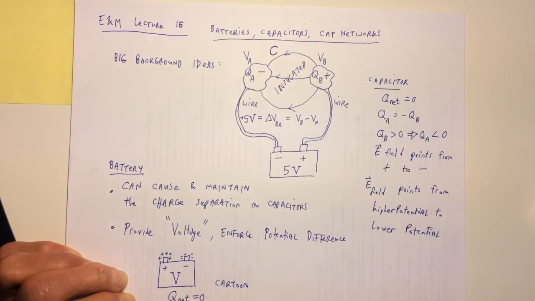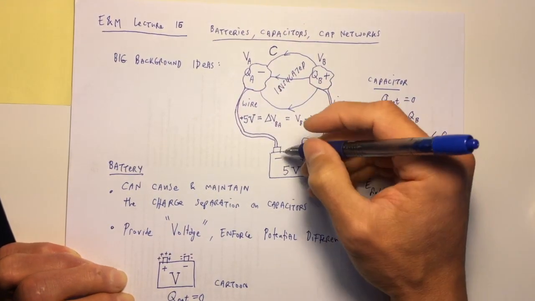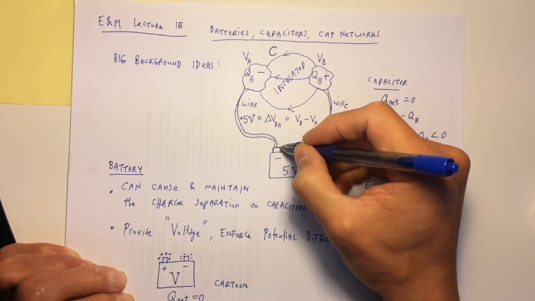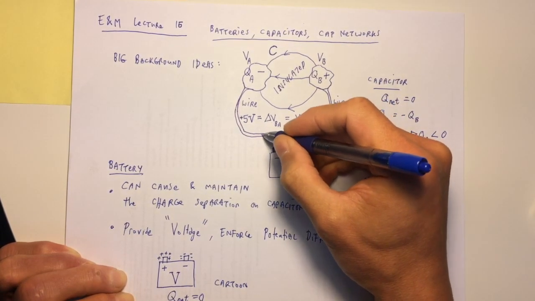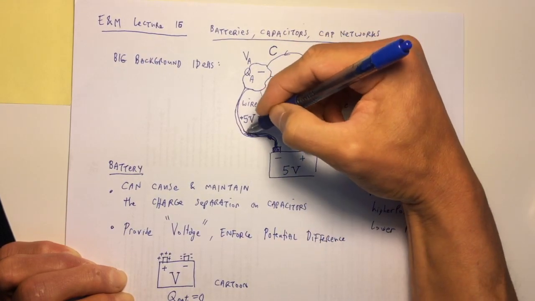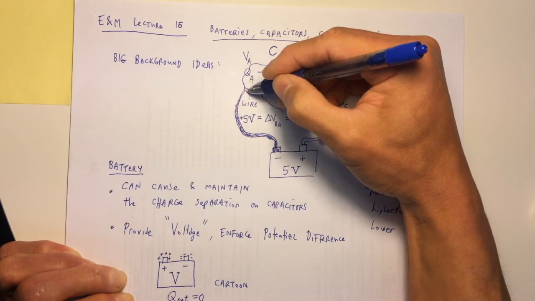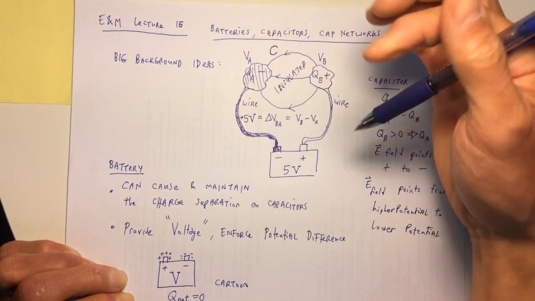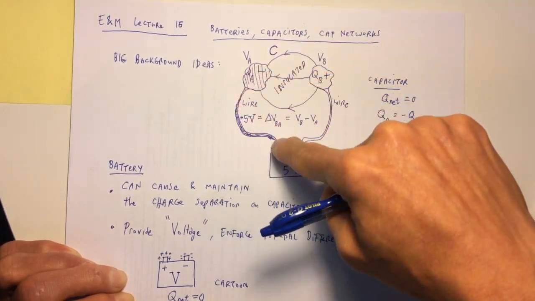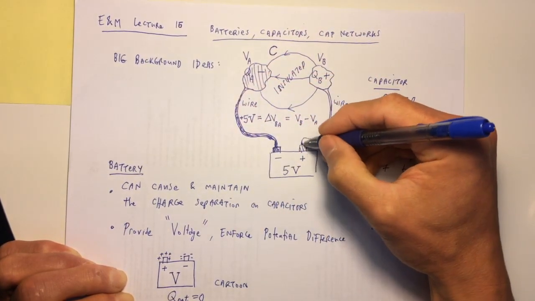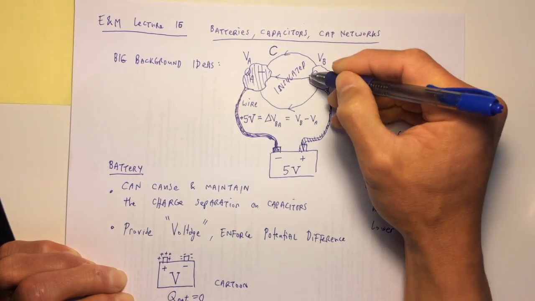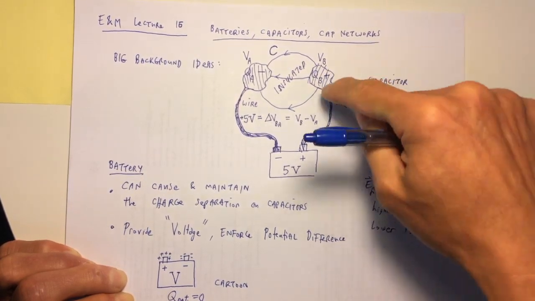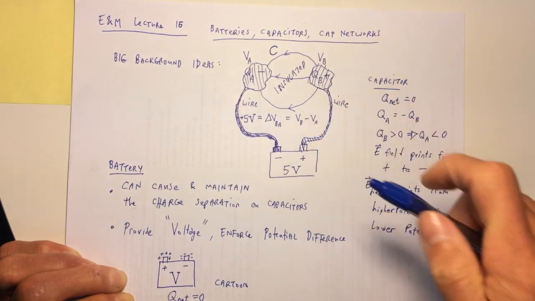In a sense, this thing right here is all, let me shade it in, all of this is one conductor, and all of this is a separate conductor.